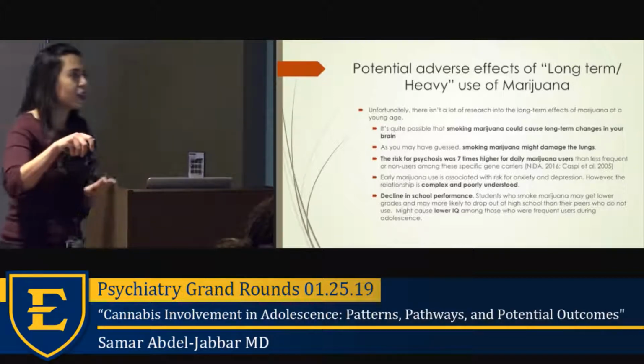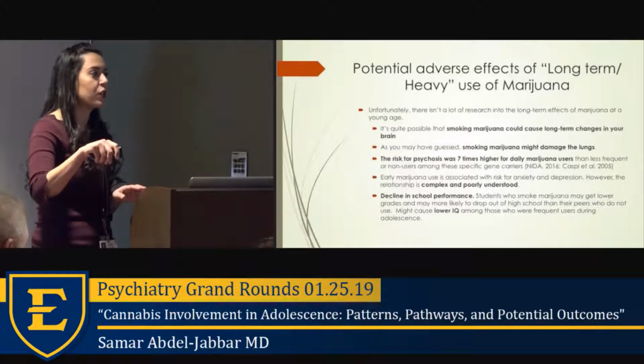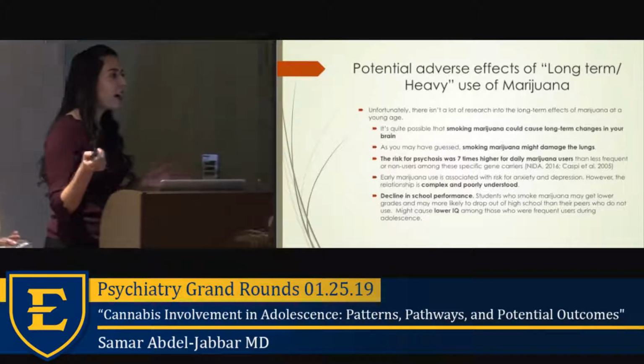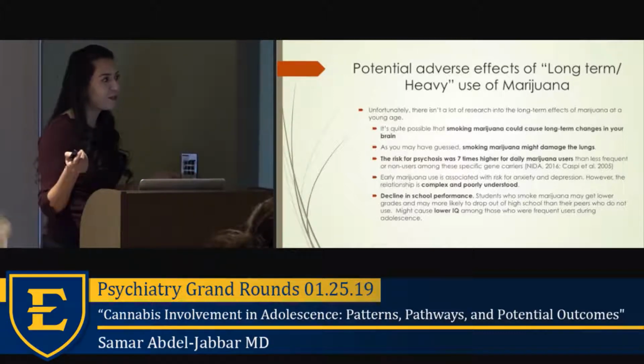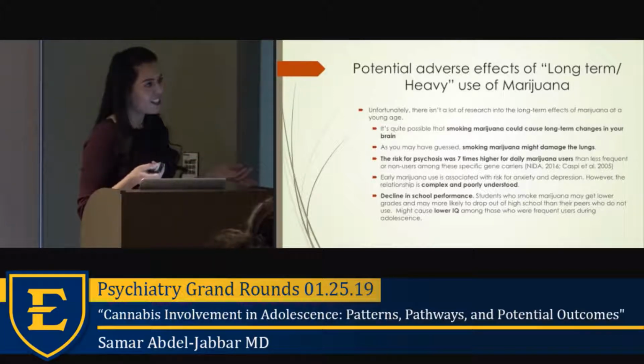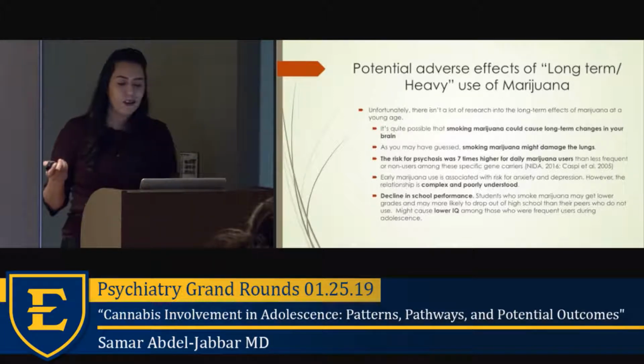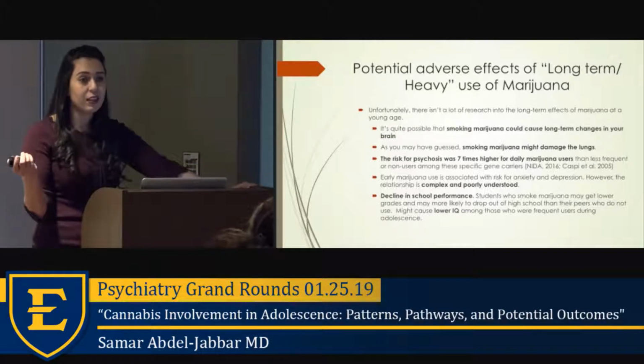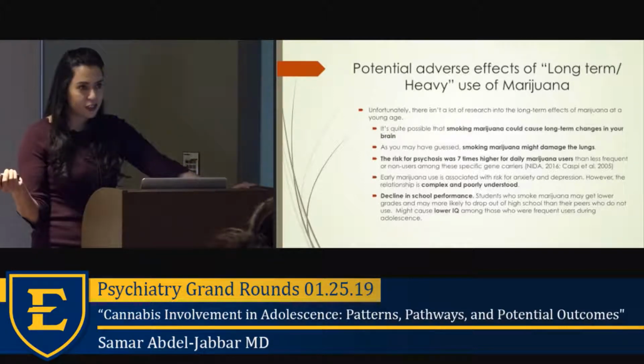The risk for psychosis, this number changed from paper to paper, so I probably should have put a range there. One paper said 1.5, another said 2.5 times higher, and this one said 7 times higher. There was also one study that found no risk, and I mentioned earlier with the methylation of the DNA, there was no risk there either.